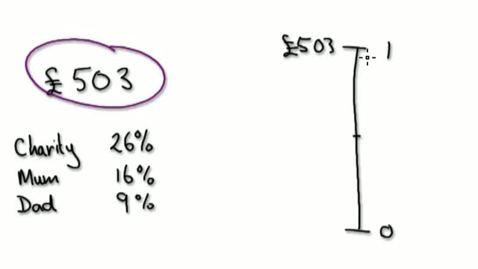Remember, from here to here is 50, and then this is also 50, just to give you an indication. Well, if from here to here is 50, I think 26 would be somewhere around here. Okay, so this amount will go to charity. So 26% goes to charity.